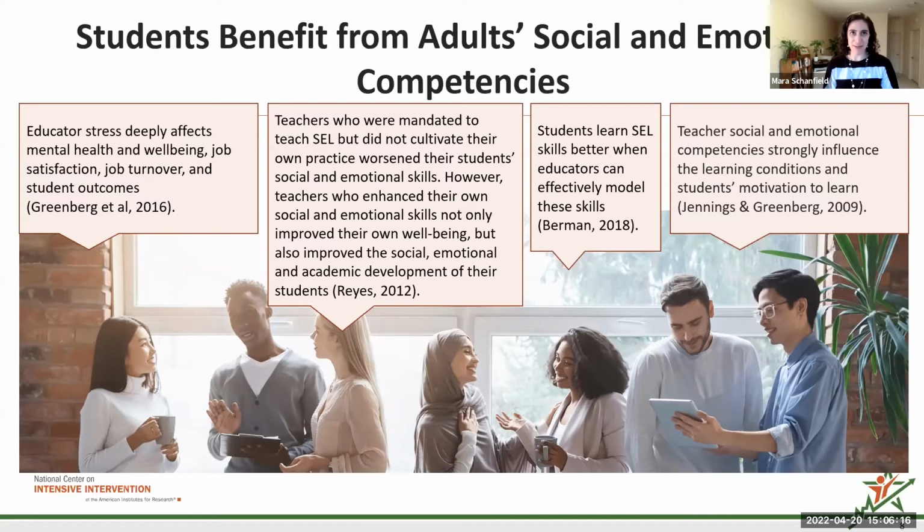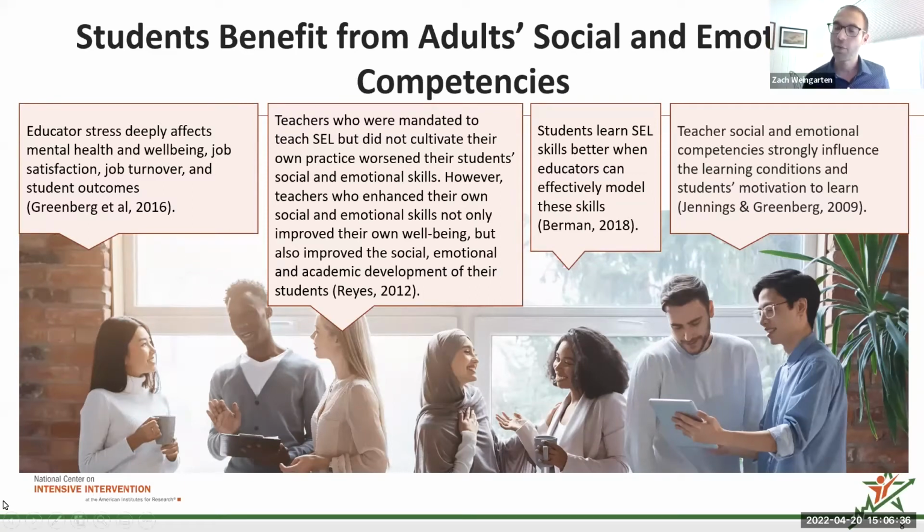So it won't surprise you to hear that educators with strong social, emotional, and cultural competencies are better able to build strong relationships, connect with students and families, and remain regulated when tensions arise. So essentially, when we start with the adults, students benefit greatly.